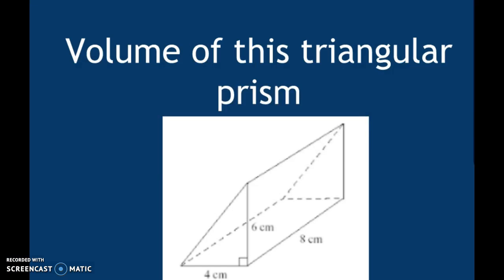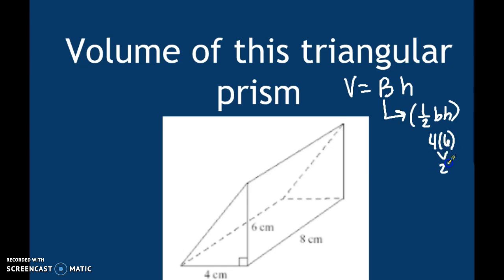Find the volume of this triangular prism. So for a triangular prism, find the area of the base multiplied by the height. So the area of the base for this triangular prism is 1/2 base times height. So the base is 4 and the height is 6 of the base.